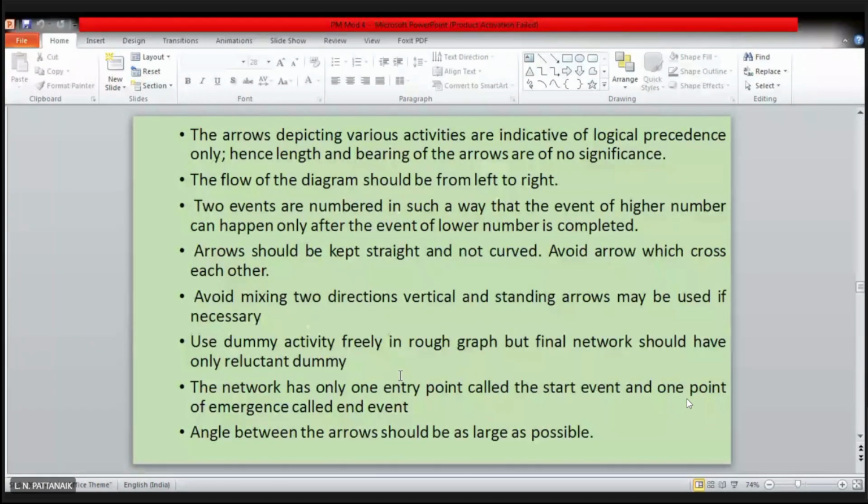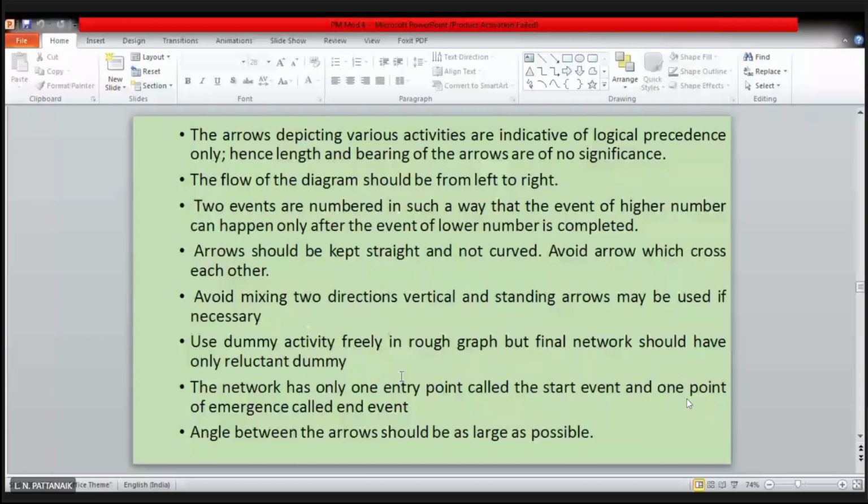In the rough, in the sense, when you are constructing the network diagram, it may be an iterative process that in the first go you may not construct the final network diagram. You may have to construct it in a rough stage, right? And you can iterate it, you can improve upon it. And finally, when you find that there is no improvement possible, that is the final network diagram.